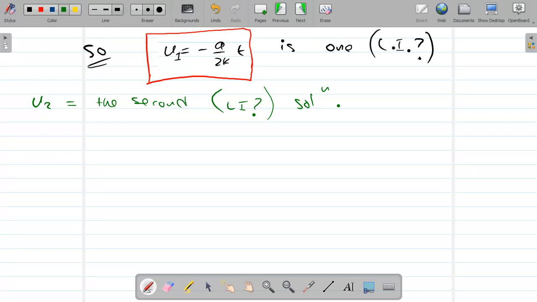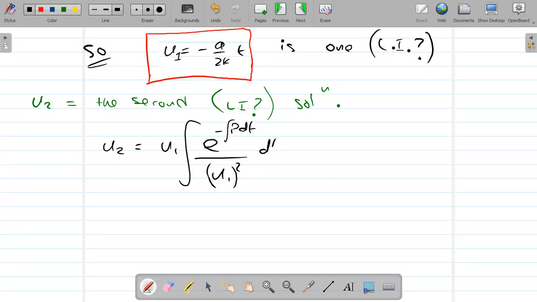Well, it's quite simple, because U2 is equal to U1 times the integral of e to the minus the integral of p dt over U1 all squared, and then dt. So if we plug everything we've got into this equation, we can find the second linearly independent solution.